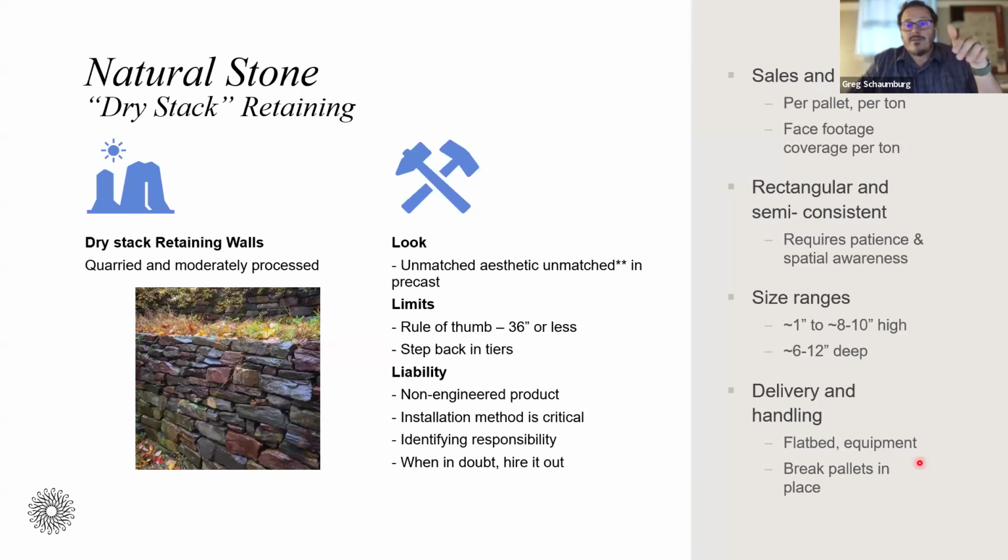Depending on the delivery area and the company, sometimes they'll even have what's called a spider on the back, and they can take it off and put it into place for you. Otherwise, you'll really need equipment, because those pallets are over a ton or more in weight and volume, and they can be pretty heavy to move around.